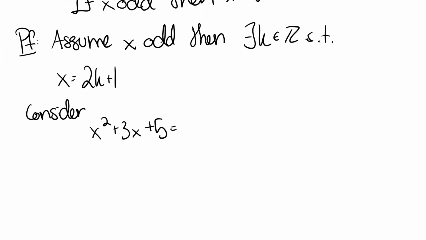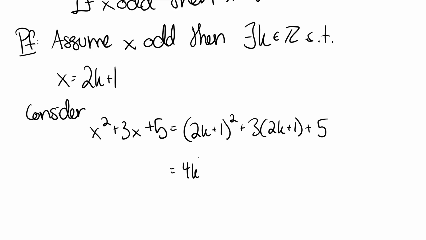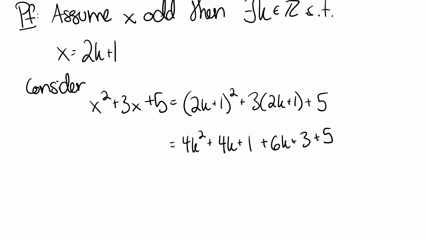So let's go through. 2k plus 1 squared plus 3 times 2k plus 1 plus 5. 4k squared plus 4k plus 1 plus 6k plus 3 plus 5. Okay, 8, 9. So we get 9, 10k.